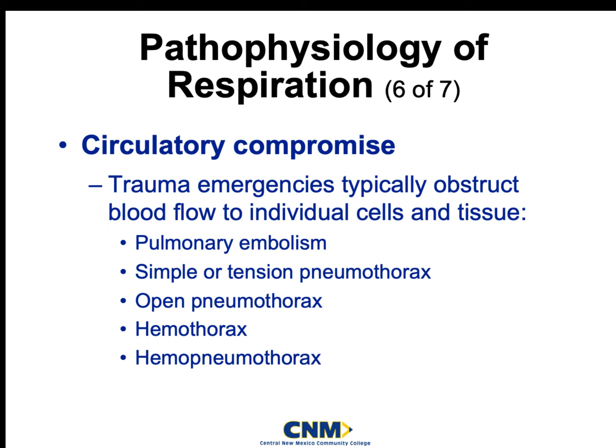And hemopneumothorax is where we have both a hole in our lung and blood pouring into our chest, and our pressure gradients are just out of control. Unfortunately, with the hemopneumothorax, we can do some stuff at the basic level, but we can't do too much, and we'll talk about that more when we get into trauma.